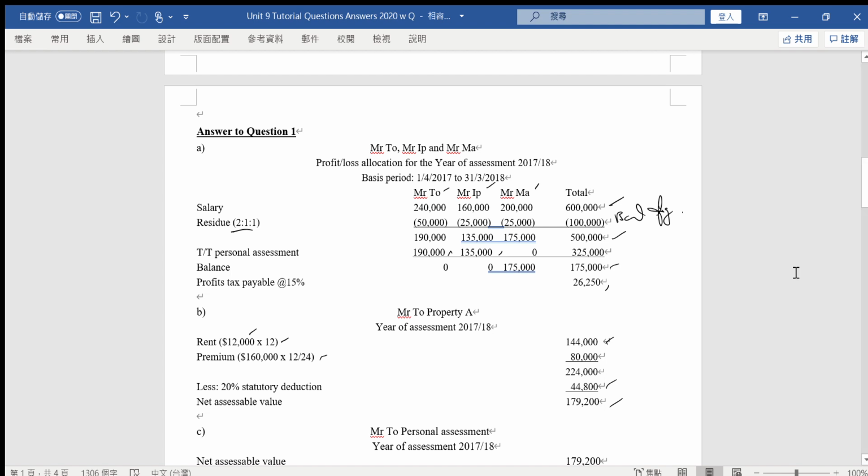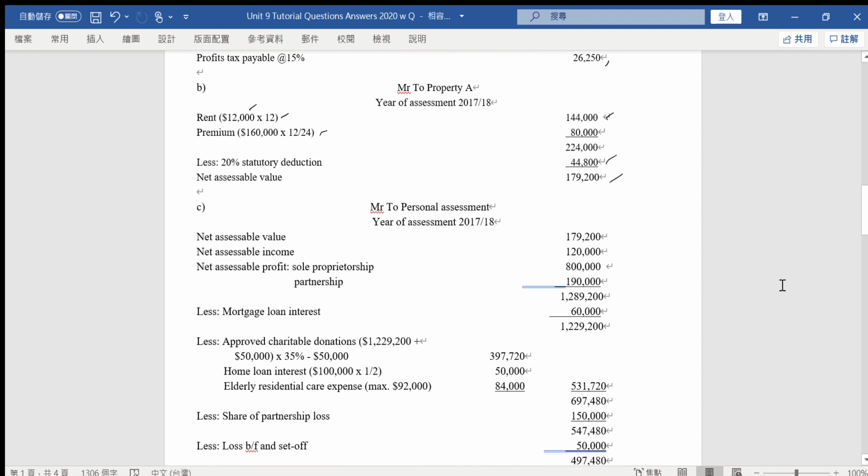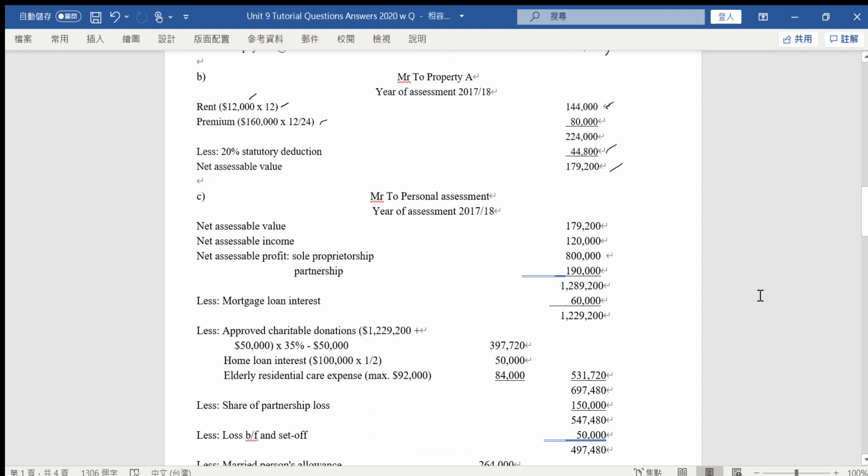Then the third part is about Mr. To's personal assessment. Now we will combine all the income first. The first one comes from part B, the net assessable value. Second will be the net assessable income, that is the director's fee.